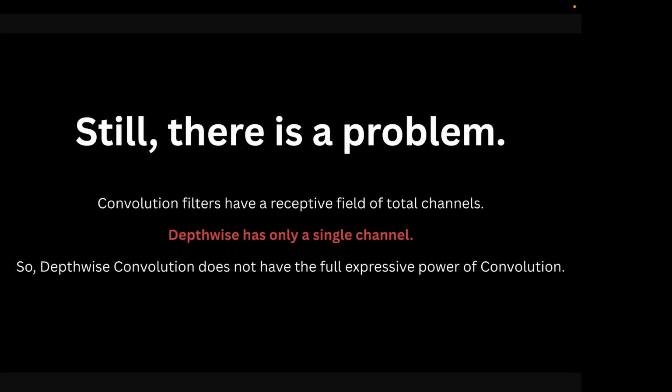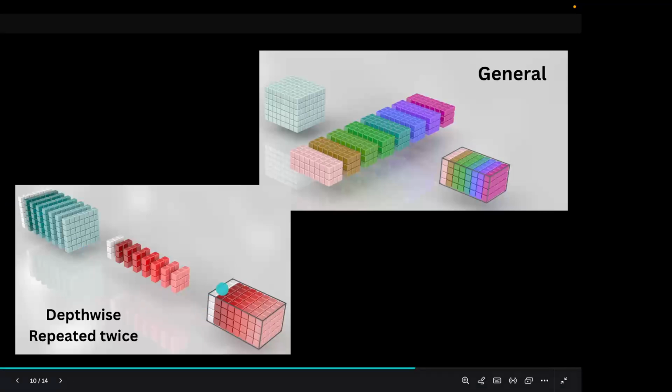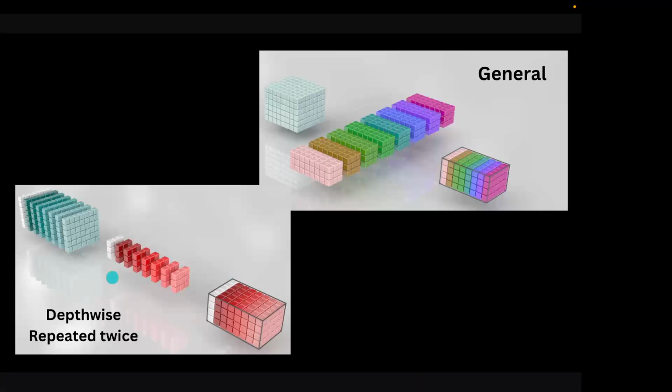But there is an issue. The issue is, if we run this depthwise convolution on this feature map, this channel of the output layer is actually built from this particular channel in the input feature map. Okay, so there is no information sharing from the other channels of the input image.